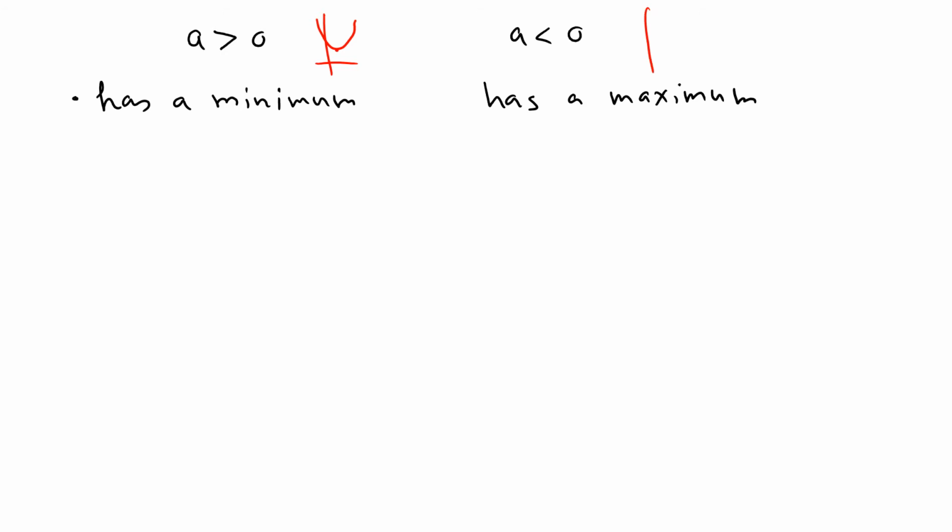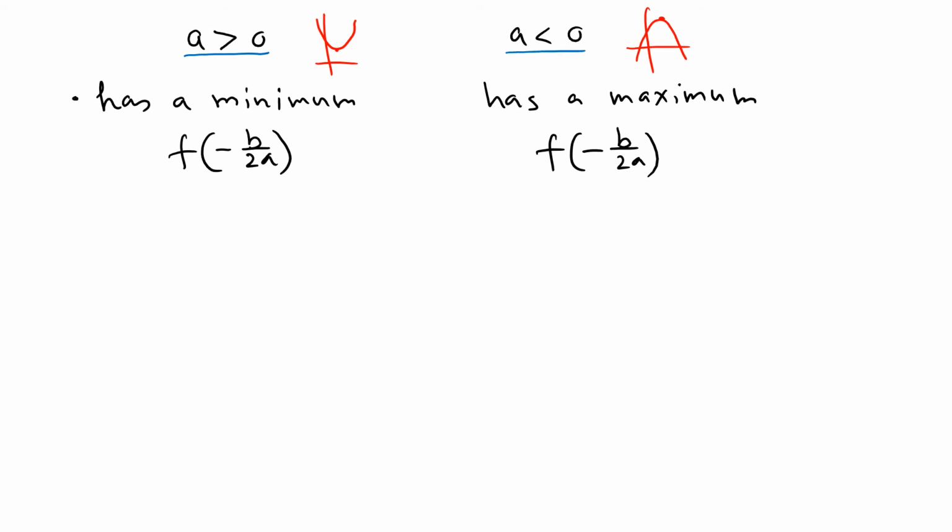When a is negative, it's going to go like that, so it has a maximum. And you can see that both values are the same. It is f of negative b over 2a in both cases. That's either the maximum or minimum value depending on the situation. Those are the two cases.